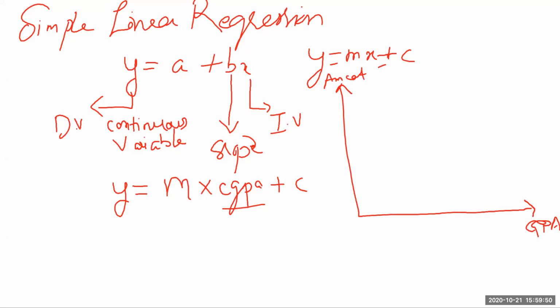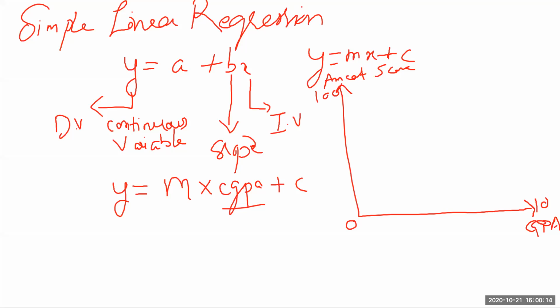Let's say we have data for 1,000 students. The value on the x-axis will be in the range of 0 to 10, because that's the CGPA pointer. The value on the y-axis will be between 0 to 100.